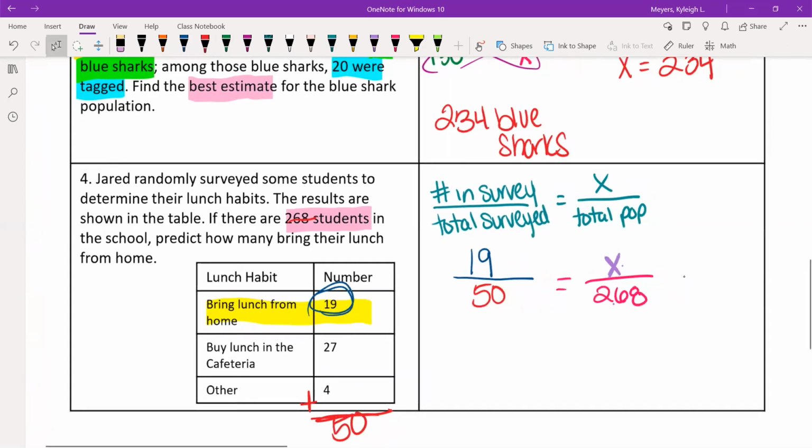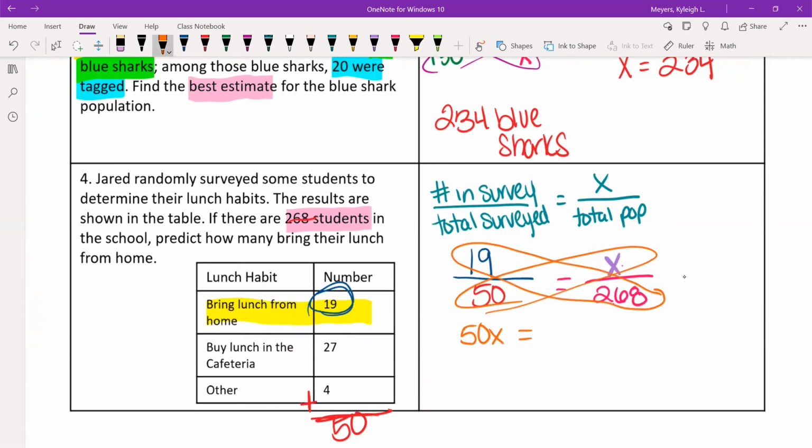So now we have our proportion and we can solve that. Cross multiply. 50 times x is 50x. 19 times 268. When you do that in a calculator, you should get 5,092.